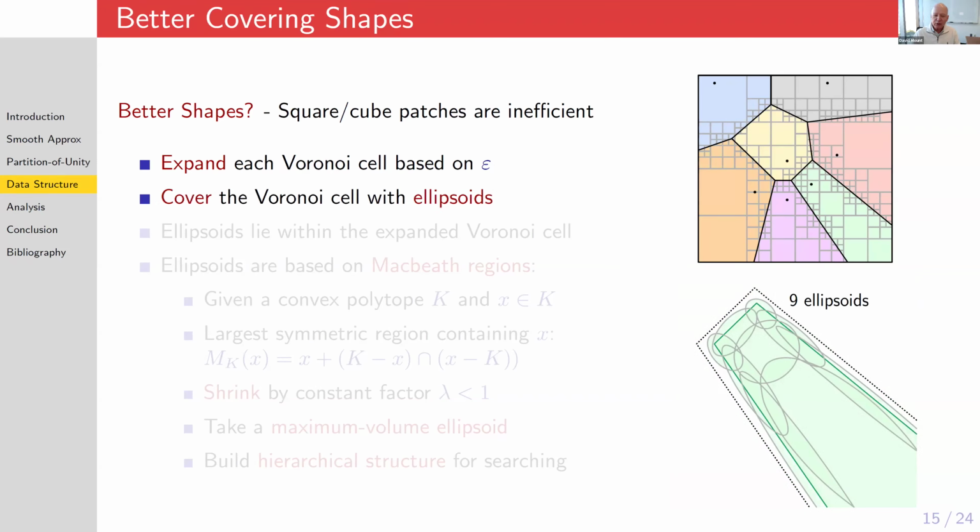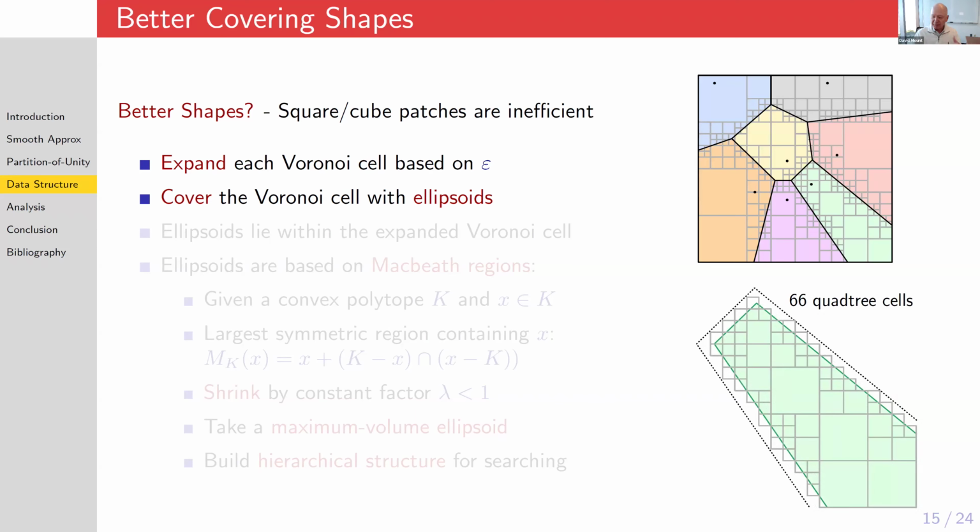Okay, what I'm going to do is cover each of these cells. I want to cover the inner one with a set of ellipsoids, with the property that the ellipsoids are all within the expanded region. As long as you're in the expanded region, you're still guaranteeing an epsilon error in your nearest neighbor.